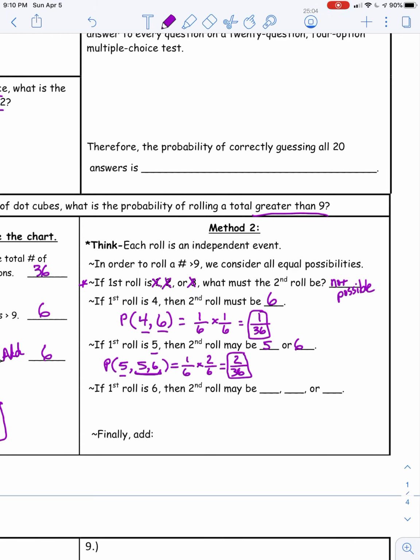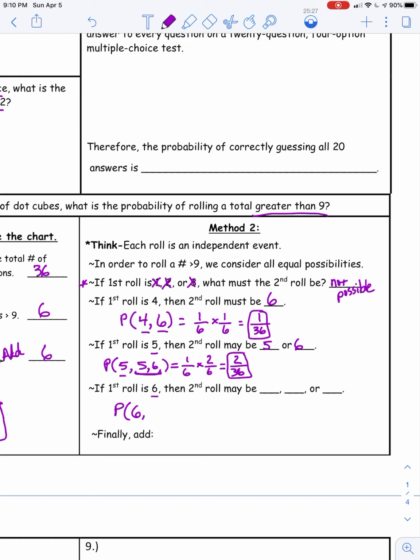All right, now, let's look at this one down here. If my first roll is a 6, then my second roll may be what? It has to be greater than 9, so let's think about this. So 6 plus 3 is 9, but it has to be greater than 9. So if I roll a 6 on the first roll, let's go ahead and write this down here.